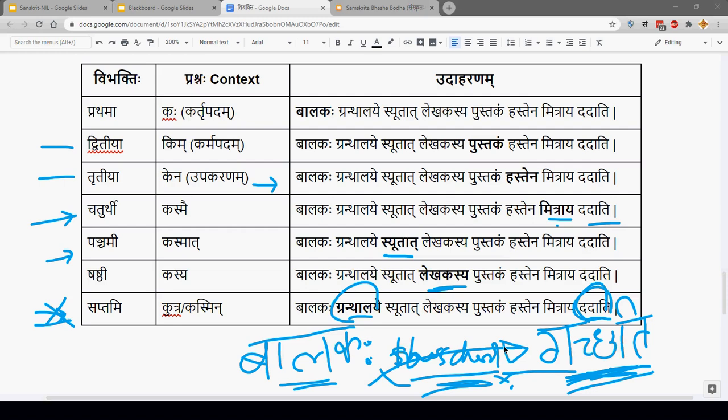The going action, the reaching action, is on the school. So gacchati is after the walking, after this act of going, the school is being reached. So reaching is being performed on the school.